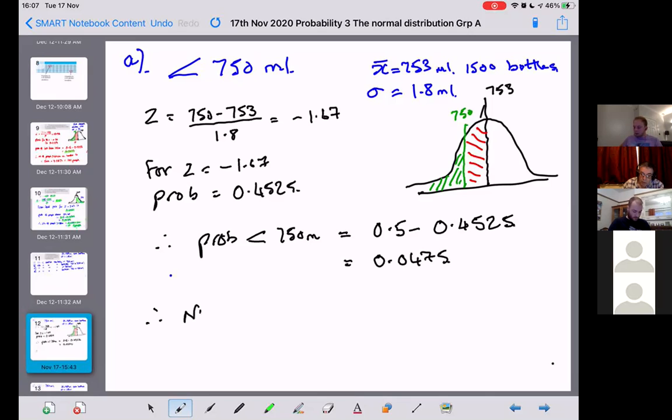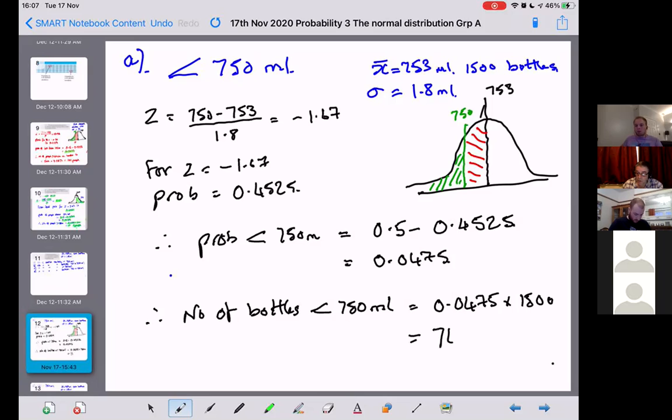Therefore, the number of bottles less than 750 ml equals 0.0475 times the 1500 in the sample equals 71 to the nearest bottle.